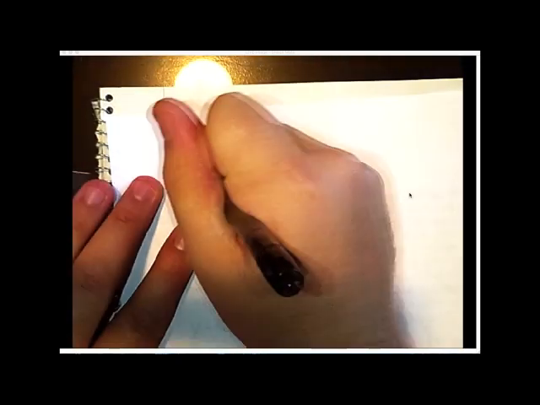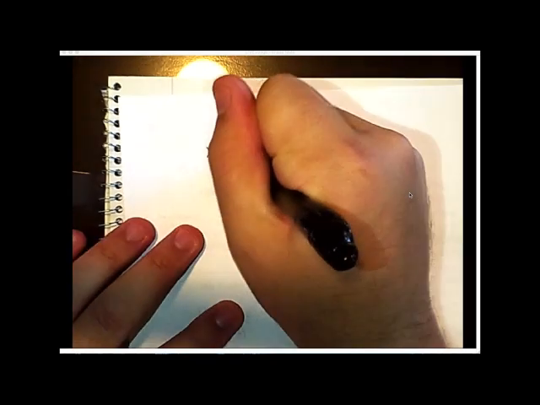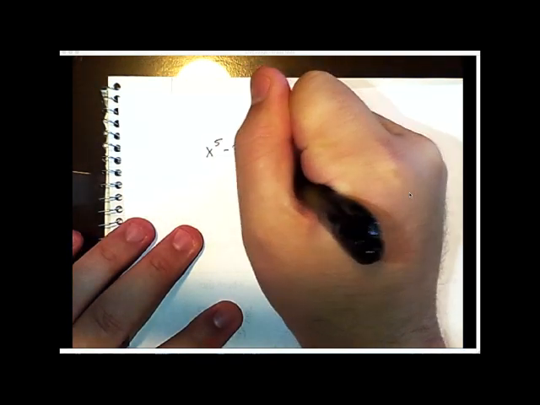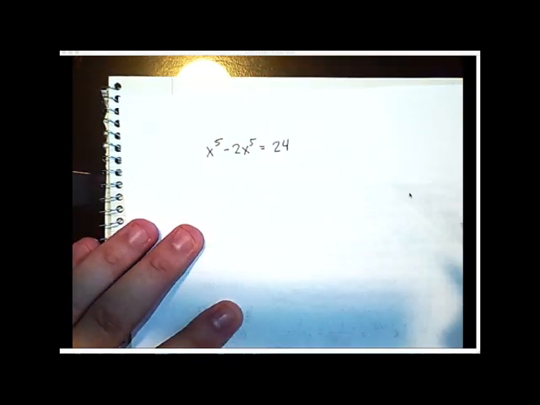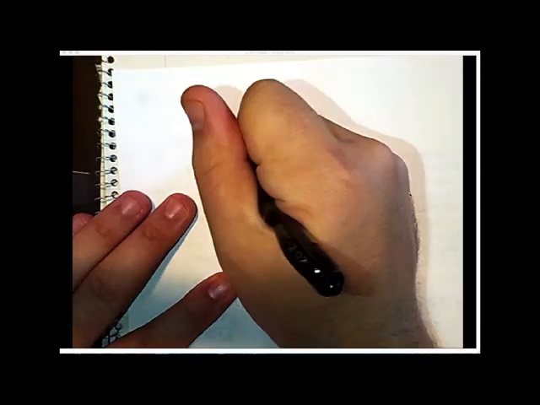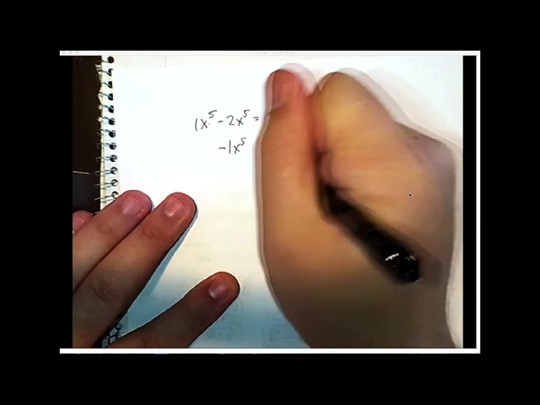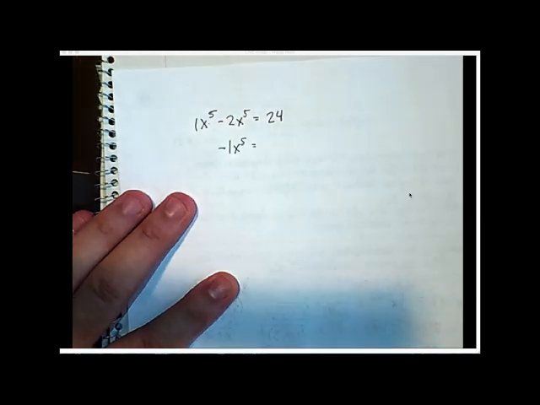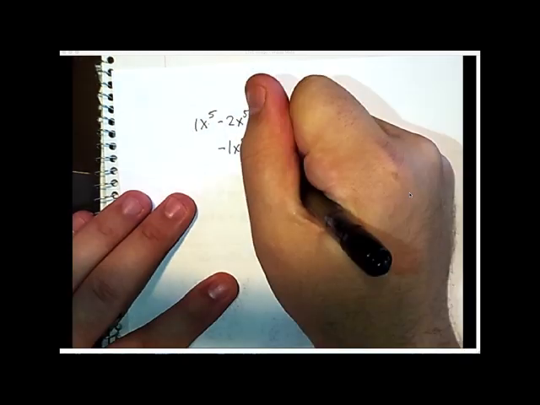So I have x to the 5th minus 2x to the 5th equals 24. These are like terms. 1x to the 5th minus 2x to the 5th is negative 1x to the 5th equals 24.